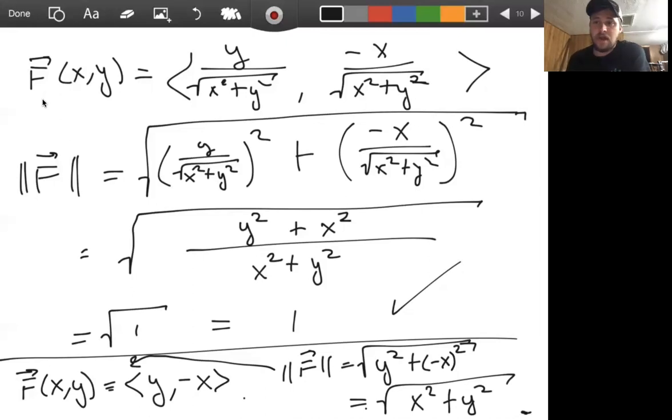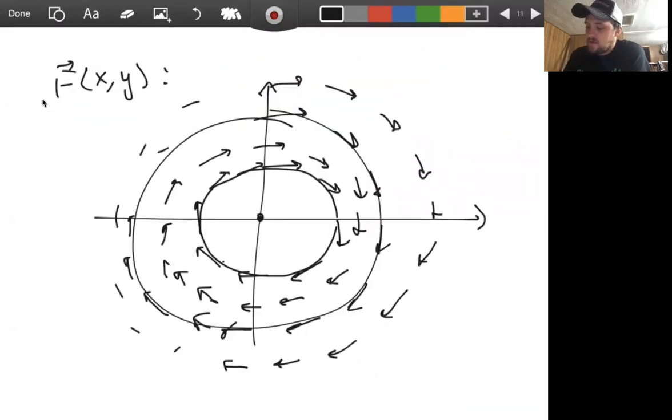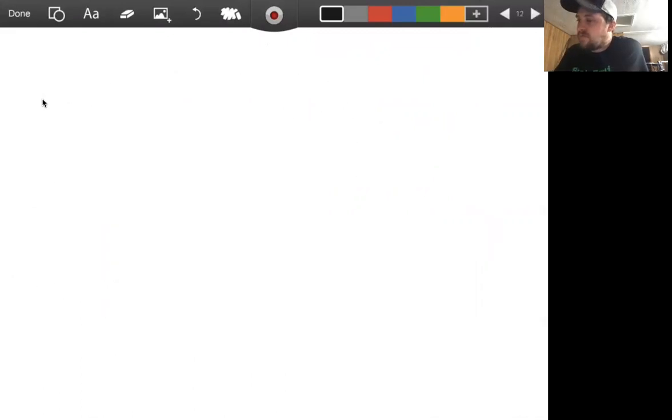And that's exactly how you get a corresponding unit vector field out of an arbitrary vector field. Notice we divided by the magnitude of the vector field. That's how we got this corresponding unit vector field, where all the directions of the vectors are the same, but now all the magnitudes have been scaled to be precisely of length 1.